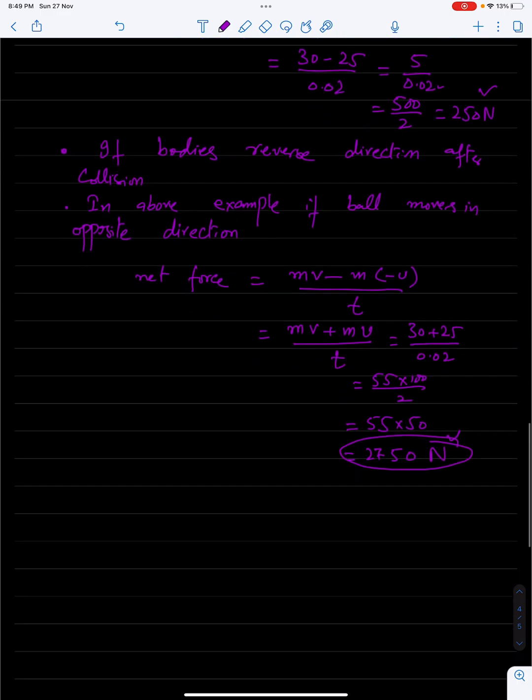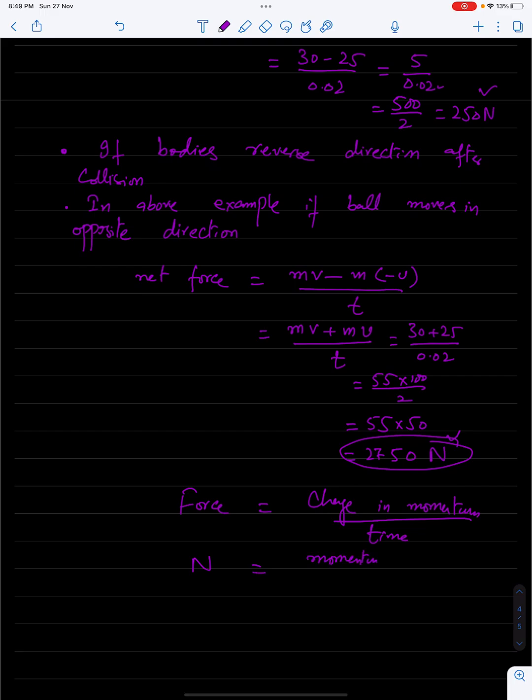So from this relation, as you can see, force is equal to change in momentum over time. We can talk about their units as well. Since force is Newton, and change in momentum over time is divided by second, if this second is multiplied here, we get Newton second as the unit of momentum.